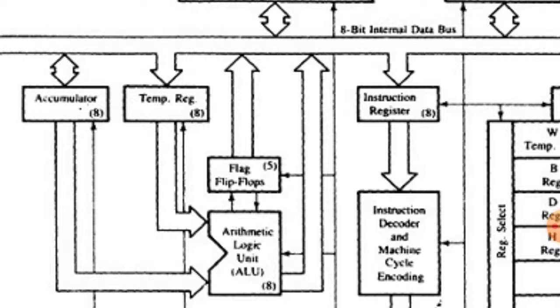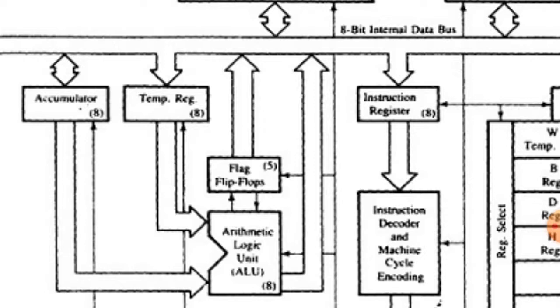It is used to perform arithmetic operations like addition and subtraction, then logical operations, input output operations, and load and store operations. It is also used for loading the information as well as storing the information.